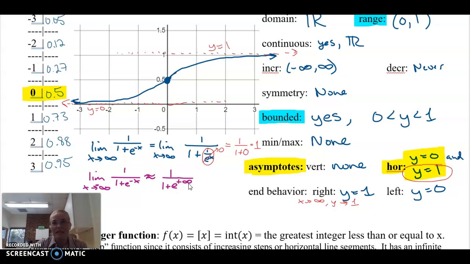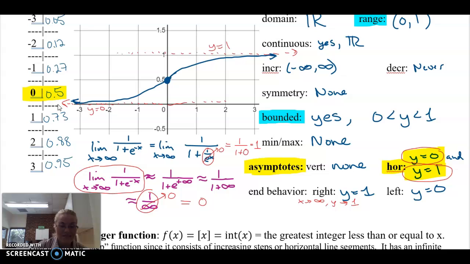Because it doesn't ever equal e to the infinity. But e to the infinity, that's kind of like a really big number, and 1 plus a really big number is still a really big number, right? So what's 1 over infinity? Again, that's the whole thing, this fraction, right? It all goes to 0 because 1 over a really, really big number is really small. So this whole limit here equals 0. And hence we get our left-sided horizontal asymptote, our left end behavior. As x goes to negative infinity, y goes to 0.